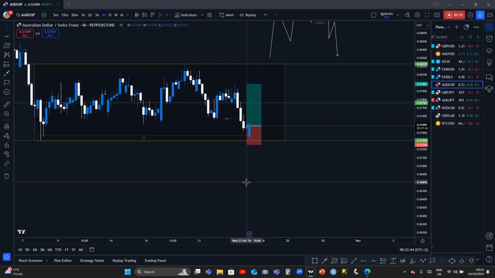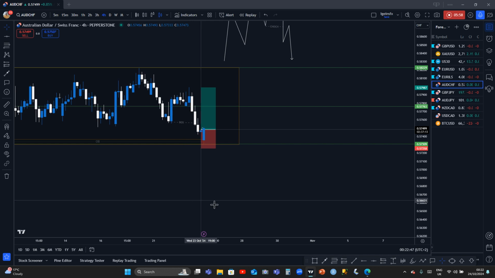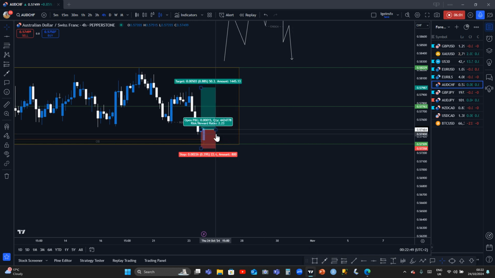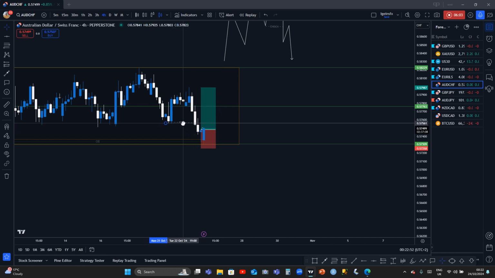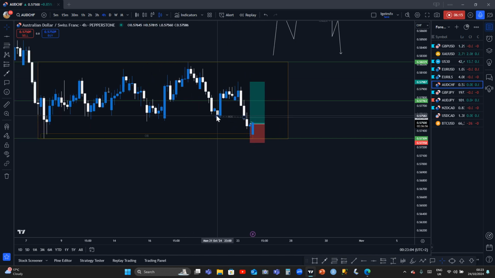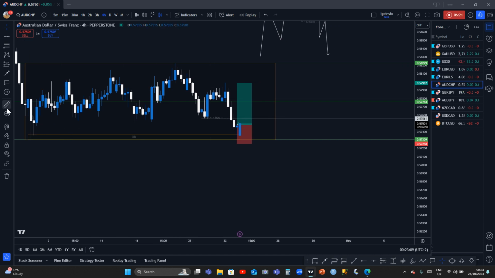But what most people fail to realize is that in this place there is an obstacle here. Do you understand? Because this is a support level. Price has tested this place more than two times. This is a confirmed support level, even though price action has been locked up in a channel since October 8th.